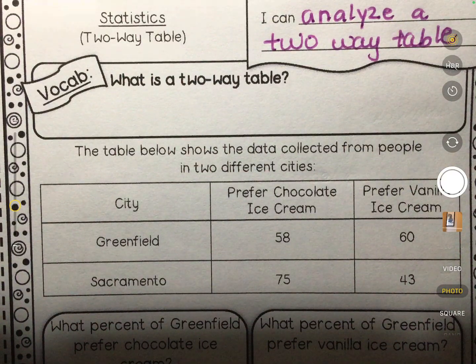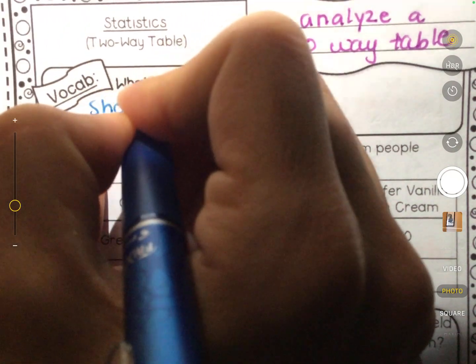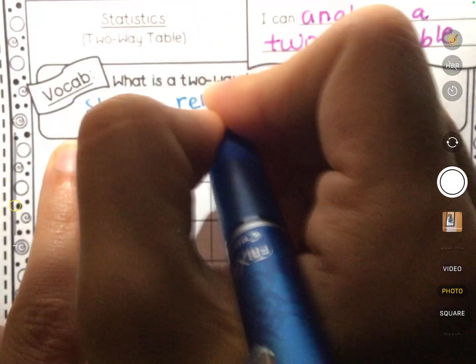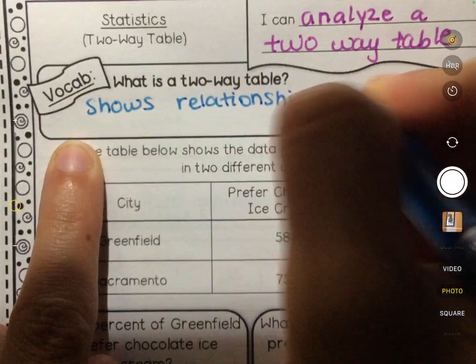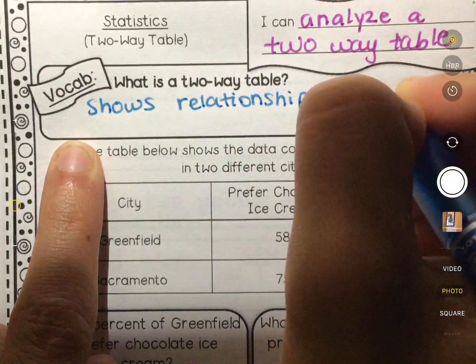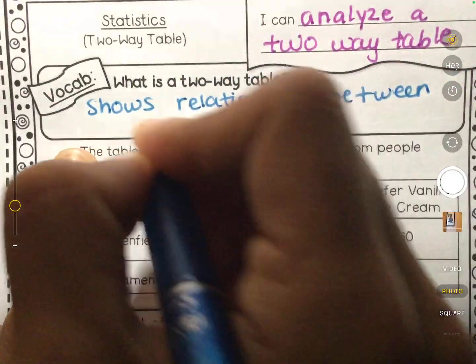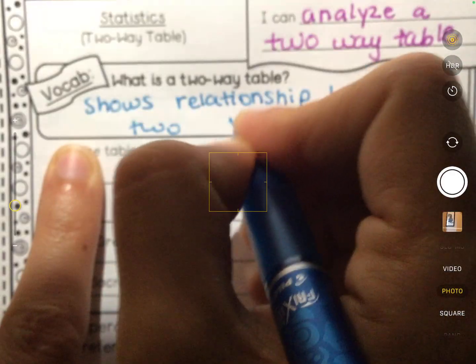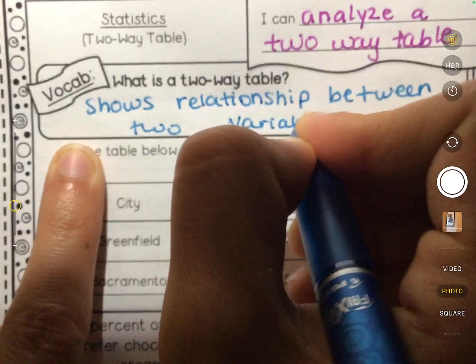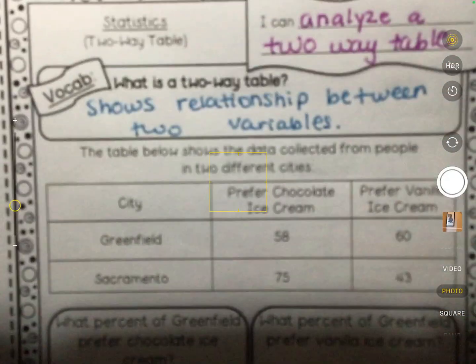A two-way table shows the relationship between two variables.